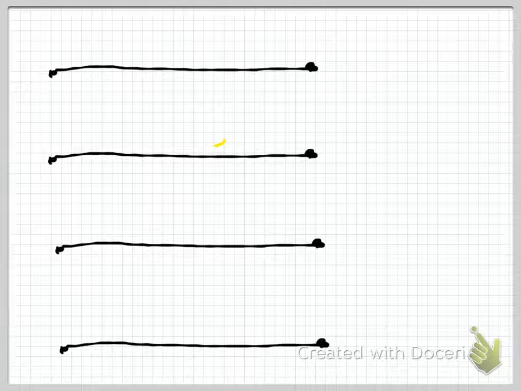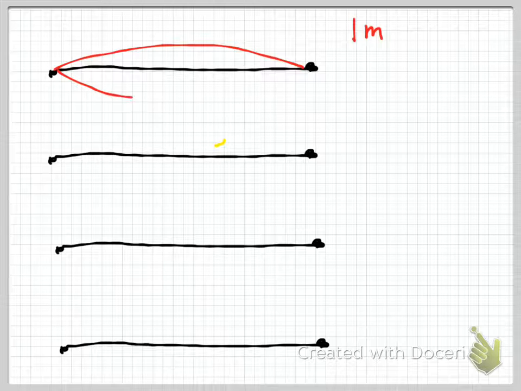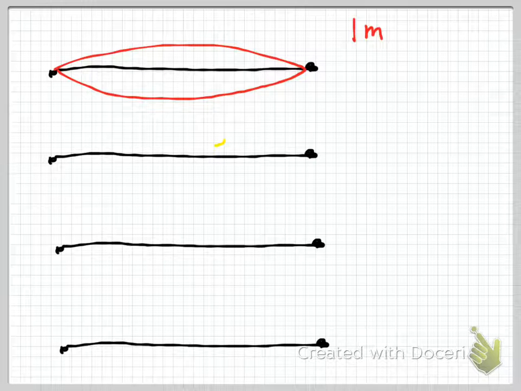Okay, so I have this here string. Let's say that this is a 1 meter piece of string, or guitar chord, or harp chord, whatever. I can get it into a standing wave that looks like that. That would be the fundamental frequency.